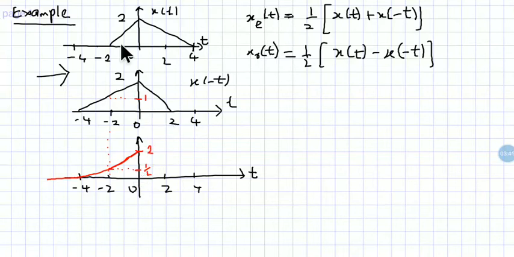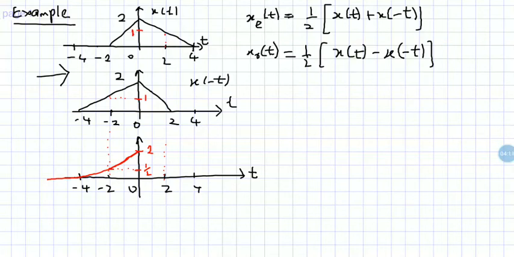On the right hand side, from point 0 until 2, it decreases for x(t), and for x(-t) also it decreases. At point 2, this value is more or less 1.